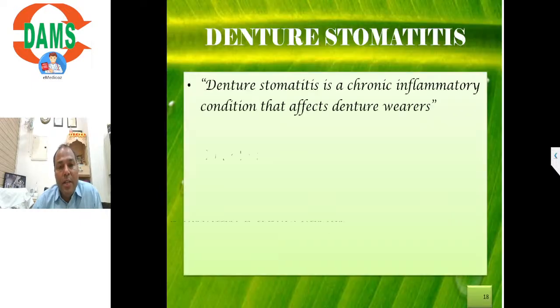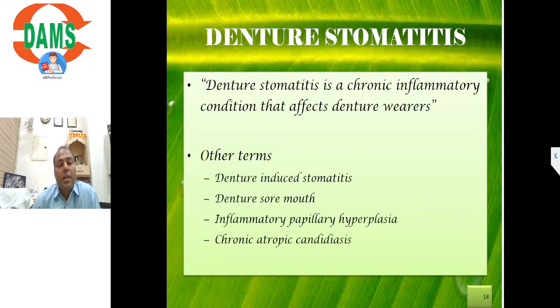So direct sequelae, the first sequelae that is important, and it has been asked so many times, is your denture stomatitis. So when we talk about denture stomatitis, it is basically what?